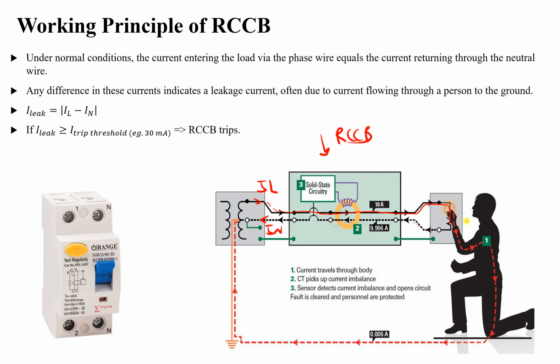If there is a small leakage current going through a human being like this, so if the current is 10 ampere, the returning current will not be 10 ampere because there is some leakage current here. This leakage current will make the neutral current smaller, 9.996 for example. So if there is a difference here, this RCCB will be activated.